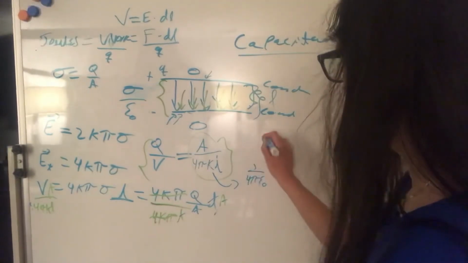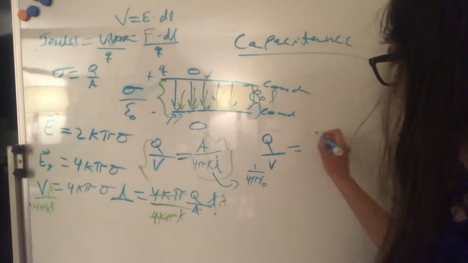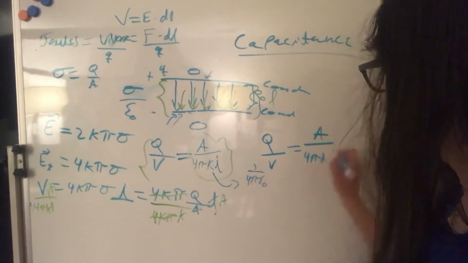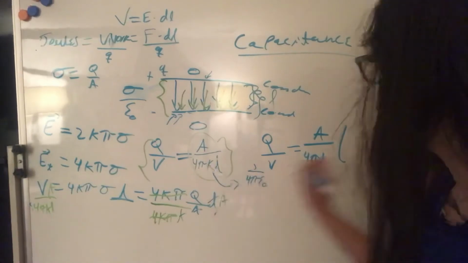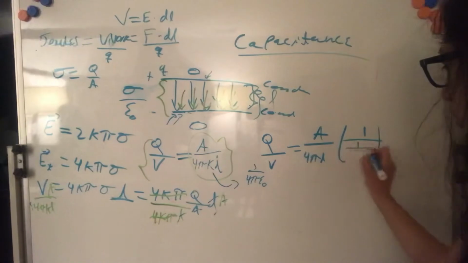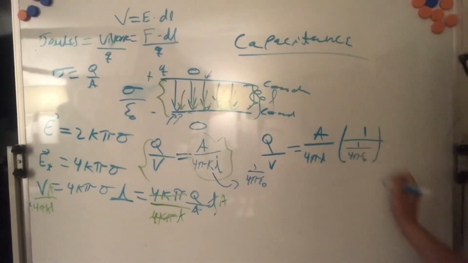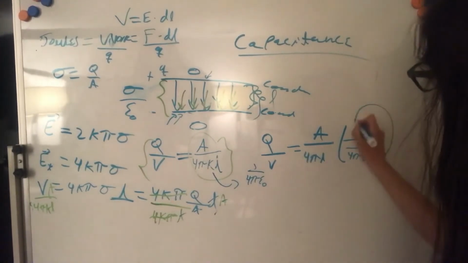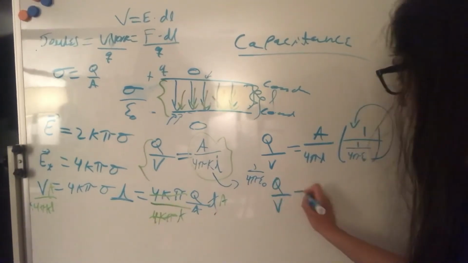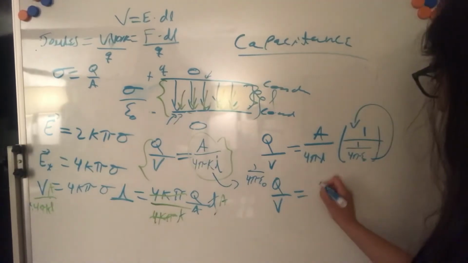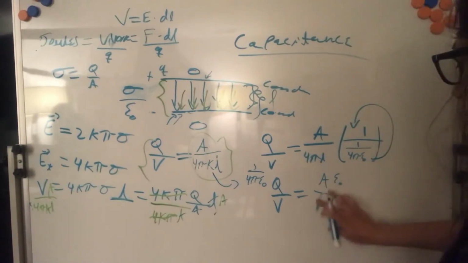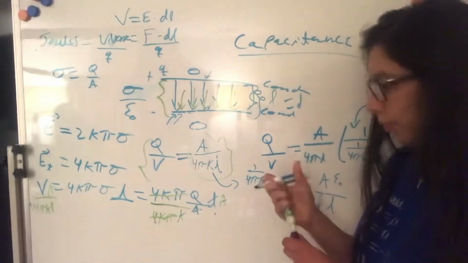So the charge divided by voltage is area divided by 4 pi L times 1 over k, but k is 1 over 4 pi epsilon naught. So we just have that the charge per voltage is equal to the area times epsilon naught divided by L, or D, whatever you want to call it, that is the distance of separation.